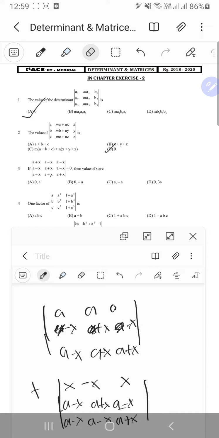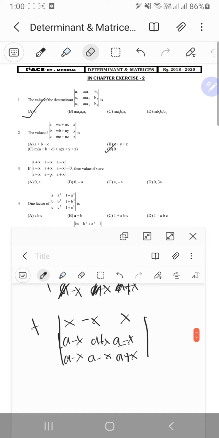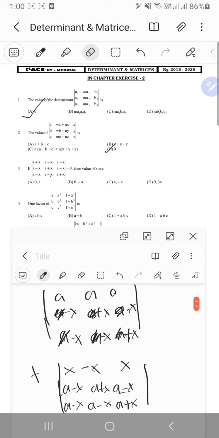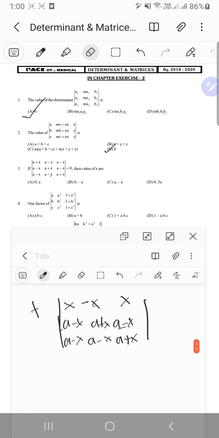When you will split this, that a thing will be identical to the first row, so it will become 0, and the remaining thing will be there. Okay, so this will become 0 as well. Oh wait, this is plus over there, that's minus over there. Yeah, fine. Okay, cool. So that will just become 0 directly. That's nice. You can do some similar thing for this as well.